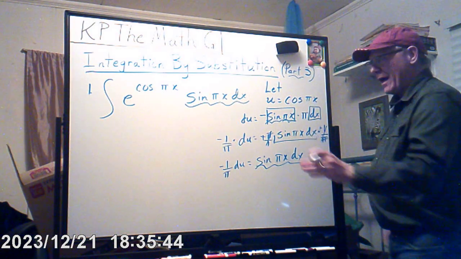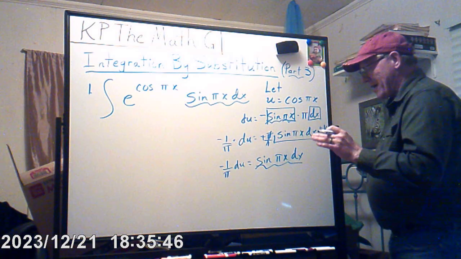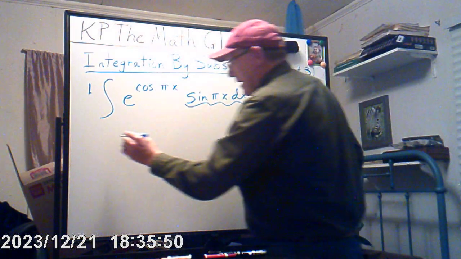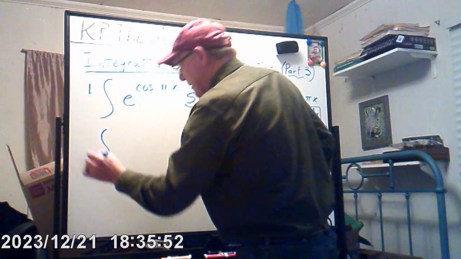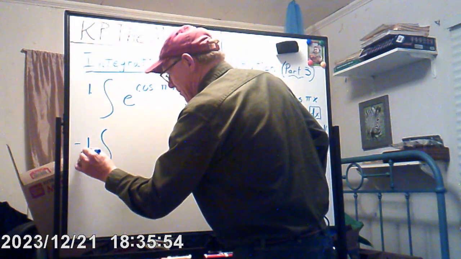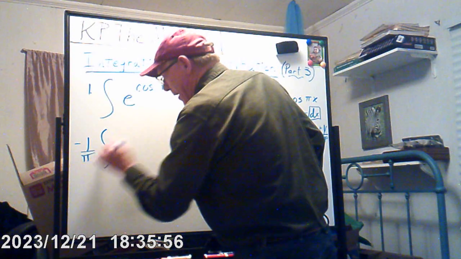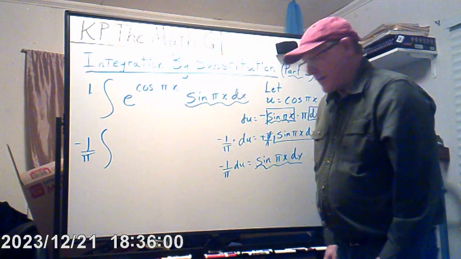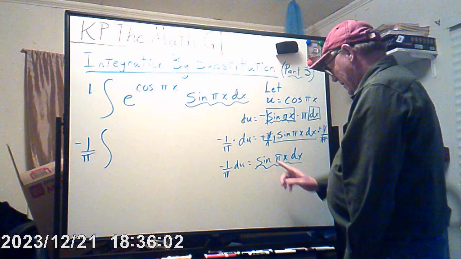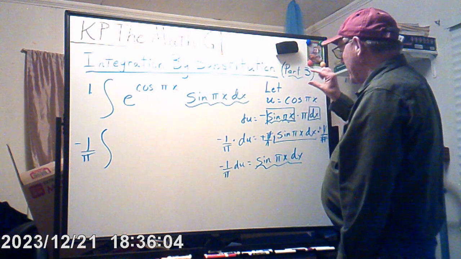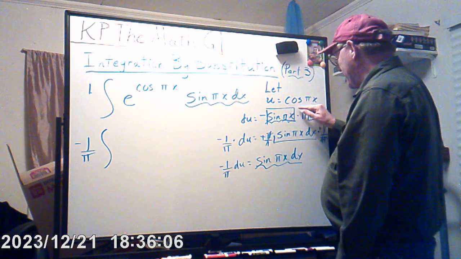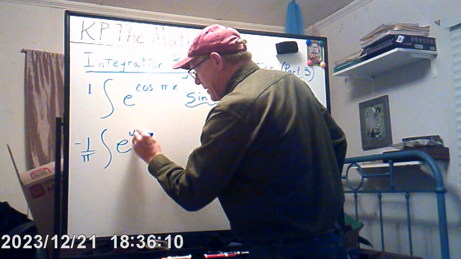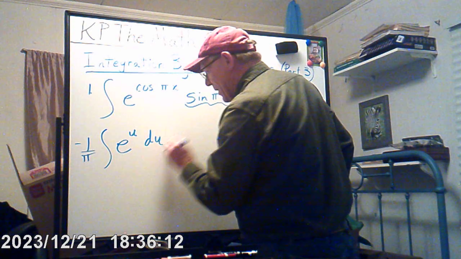Alright, so now when we integrate, I'm not going to make the same mistake that I made in the last problem. Before I start, I'm going to put that negative 1 over pi right there. I'm not going to forget that. Now I've got e to the u du.